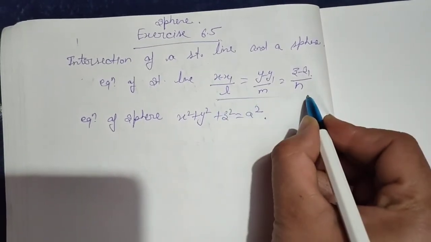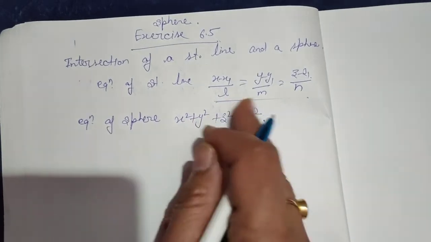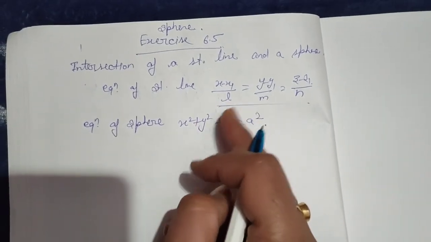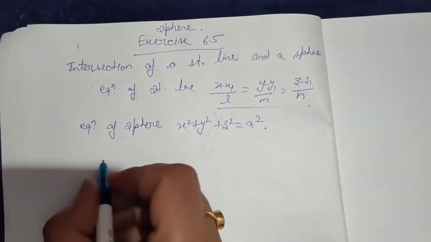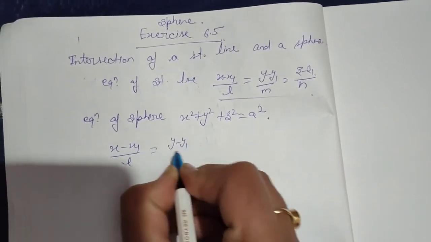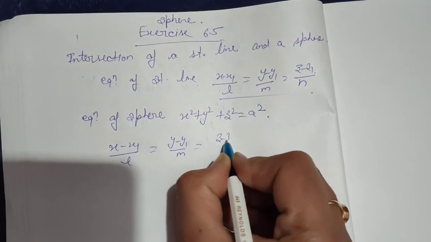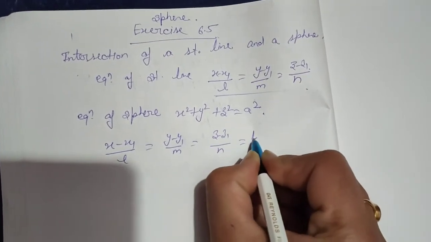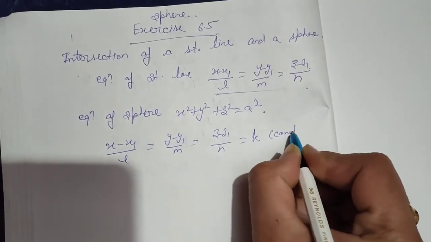From this straight line, we find out the point of the line which intersects the sphere. (x minus x1) by l, (y minus y1) by m, (z minus z1) by n is equal to k, k is any constant.